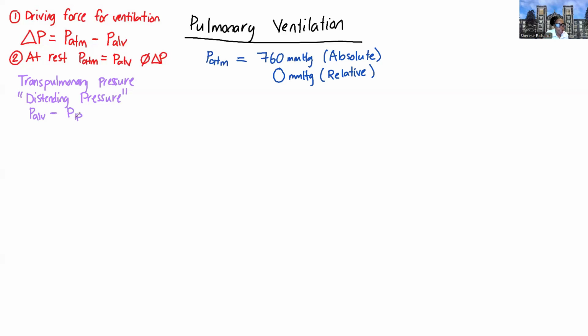This is the pressure in the pleural space, and this is usually equal to -4 millimeters of mercury at best, which means there's a negative pressure in the spaces of that pleural cavity.